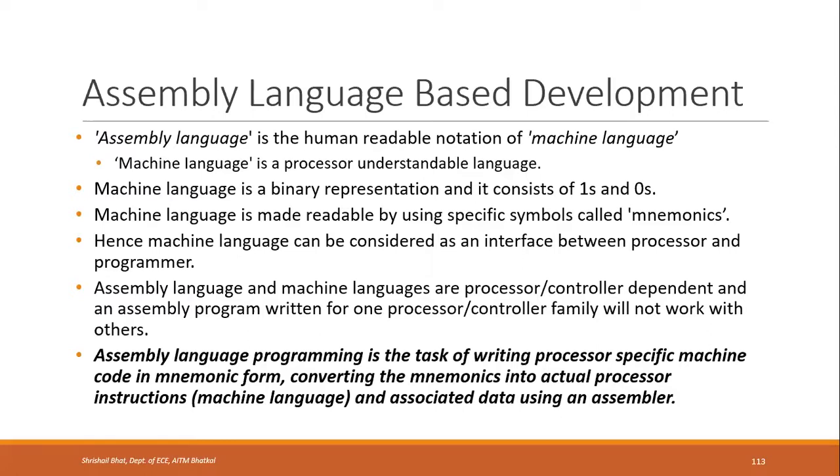So assembly language and machine languages are processor or controller dependent. It depends on the processor or controller, its architecture, what registers it has, and other things, right? And an assembly program written for one processor or controller family will not work with others.